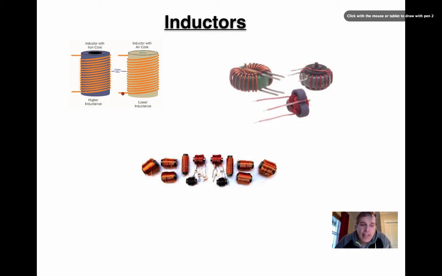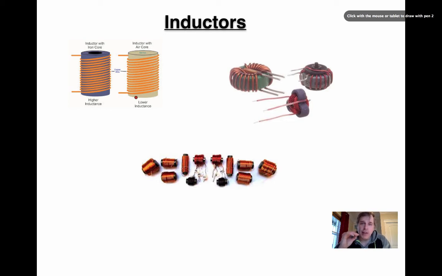If you have a constant current with respect to time, then the inductor doesn't care, it doesn't offer any resistance. For a constant current, an inductor behaves as if it's an ideal wire.